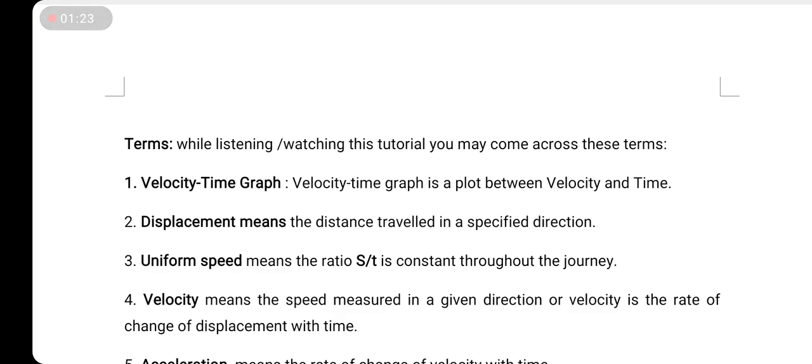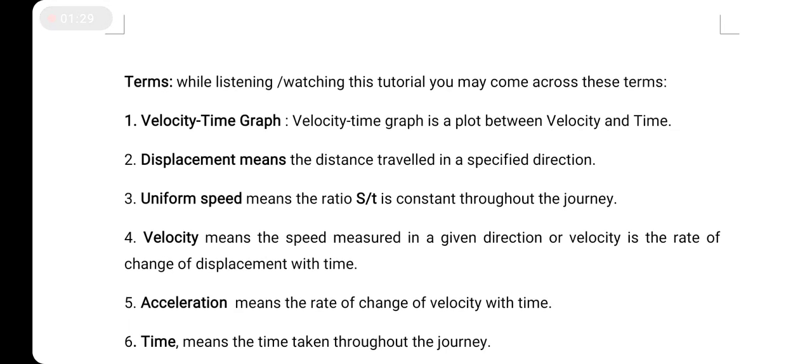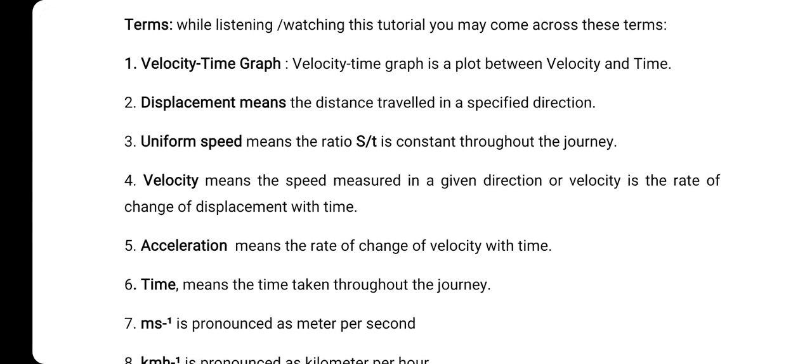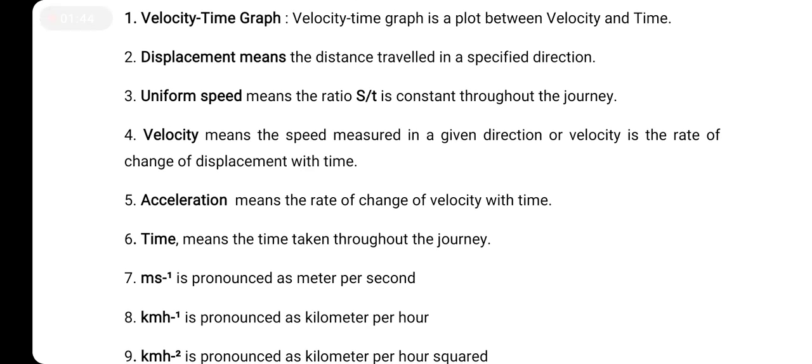While listening and watching this tutorial, you may come across some terms. 1. Velocity time graph, which means it's a plot between velocity and time. 2. Displacement, which means the distance traveled in a specified direction. 3.